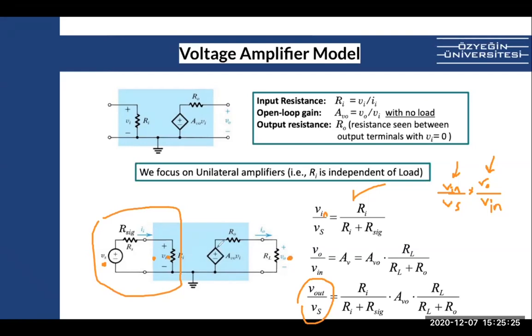Here you have the voltage controlled voltage source, which goes through a resistive division. So the gain becomes this one, right? Because V0 equals AV0 times V in times RL over RL plus R0. Okay. So when you multiply these two, then you get the gain.